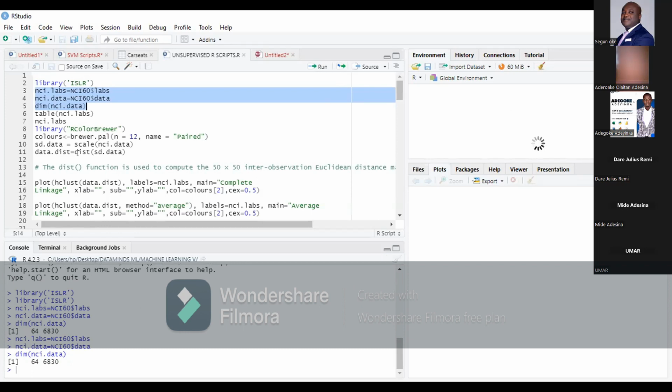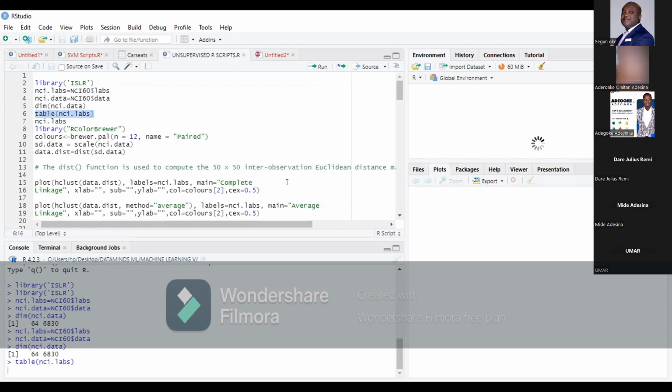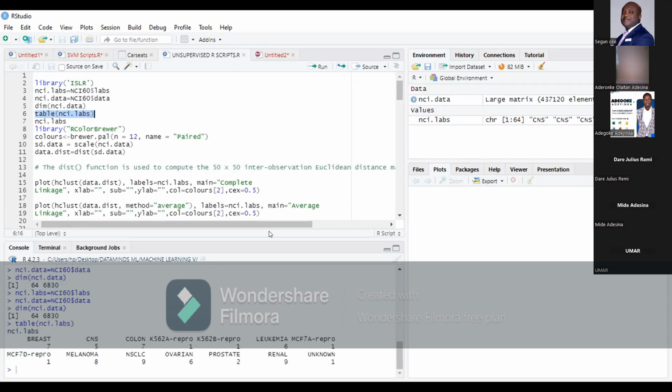All right. So the data I want to use. Then the table is a bit slow. Okay. Now we can see this is what we have.